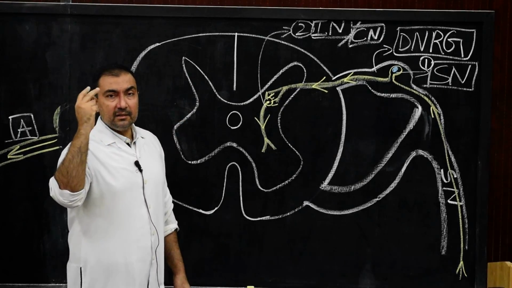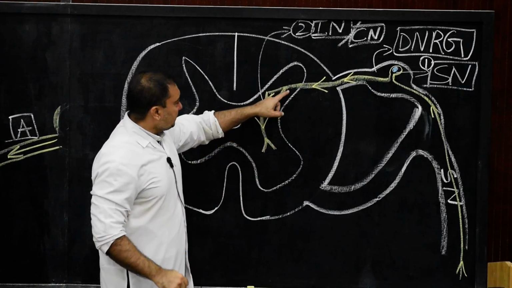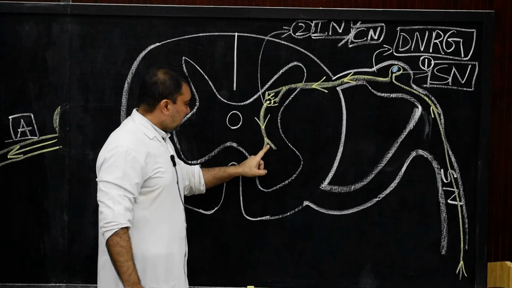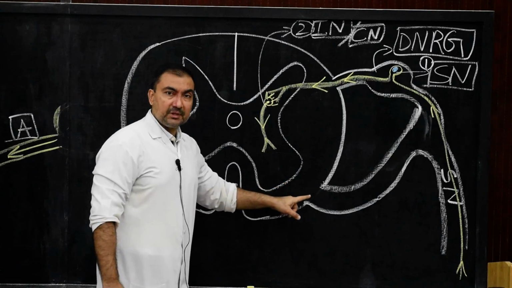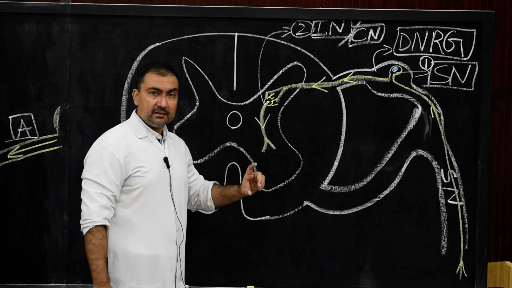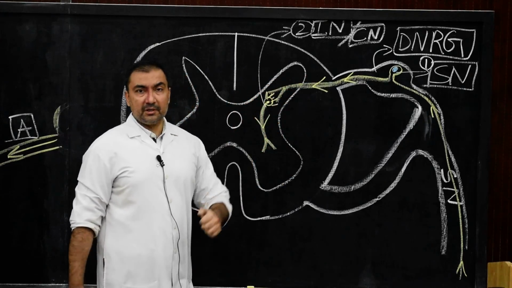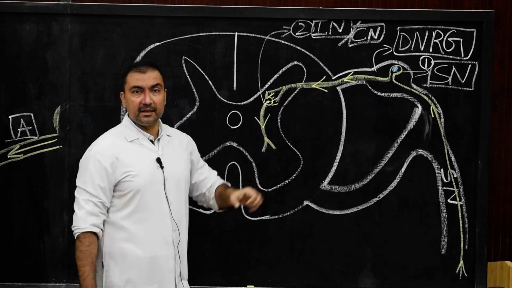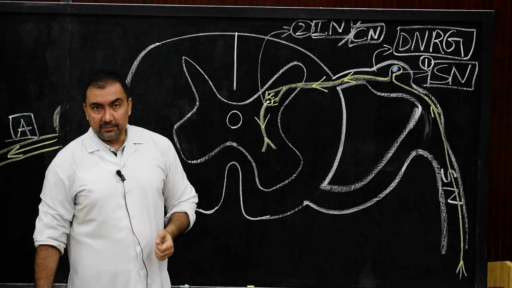They will connect two types of neurons. Which two types? Number 1, the sensory neuron, and the third type that I am going to draw, the motor neuron. So they are connector neurons between the sensory neuron and the motor neuron. They are called internuncial neurons because they are located only in the gray matter, and their shape is multipolar.